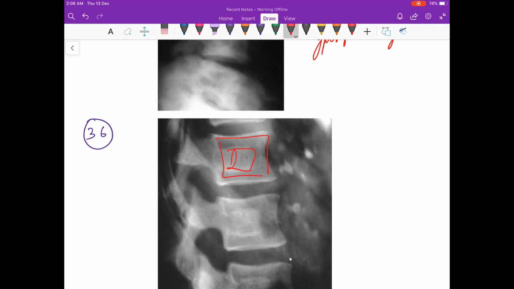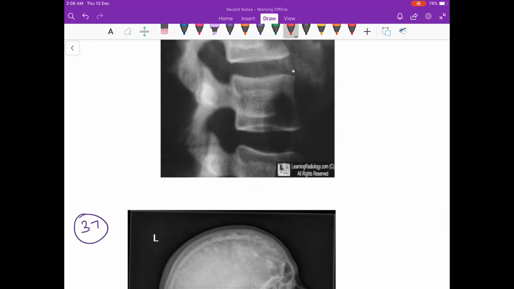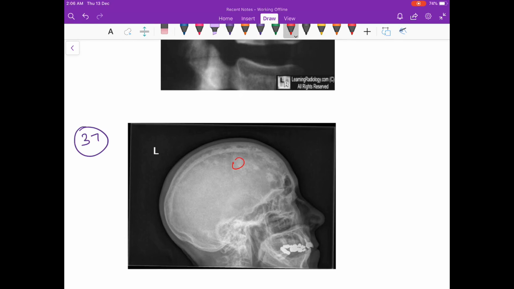Bone within a bone appearance. Osteopetrosis. What is this? Cotton wool spots. These are seen in Paget's disease.